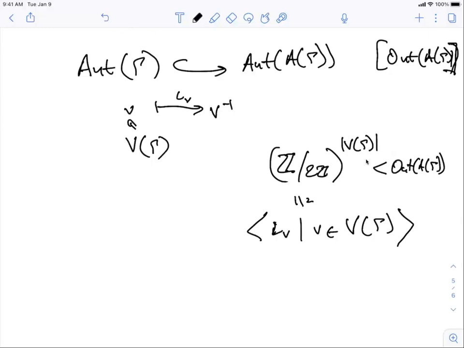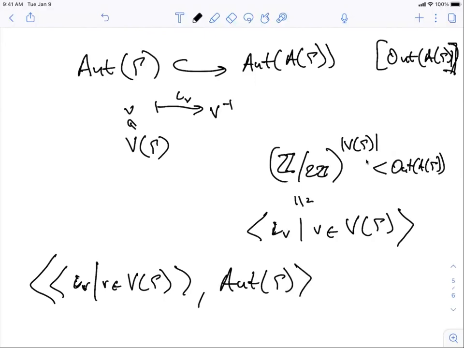So if we look at inversions of vertices, together with Aut of gamma, this is then isomorphic to the semi-direct product of Aut of gamma with this group Z mod 2 to the number of vertices of gamma.